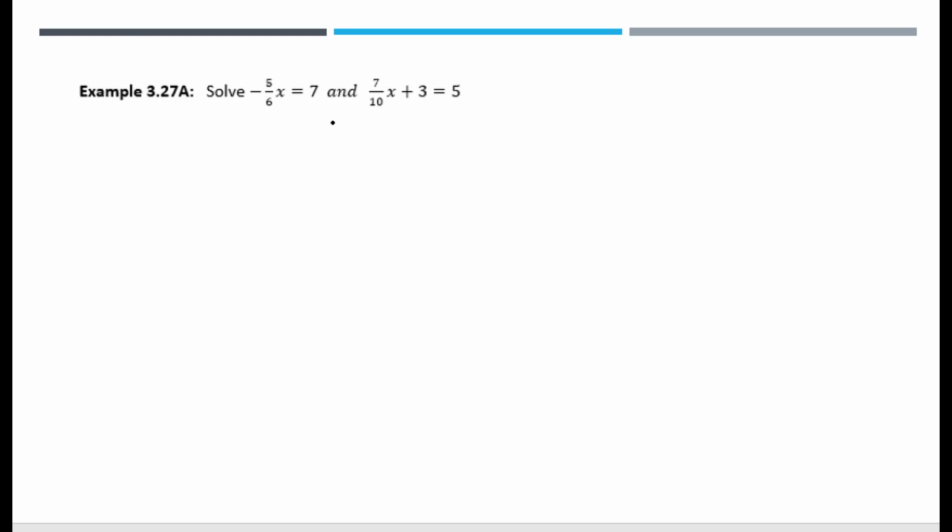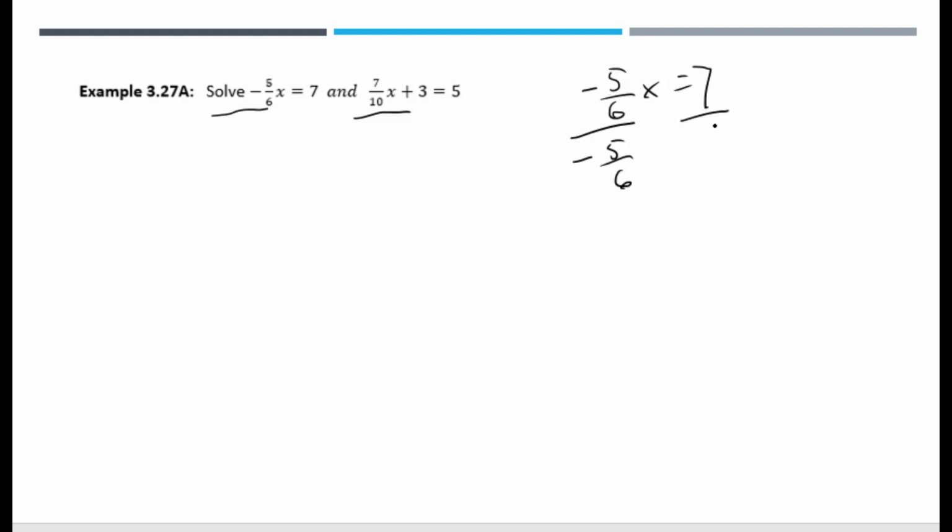Well, here are two examples to show you nothing more than that algebra is just a generalization of basic arithmetic. I could do this problem, negative 5/6 times x equals 7, and divide both sides by a negative 5/6.